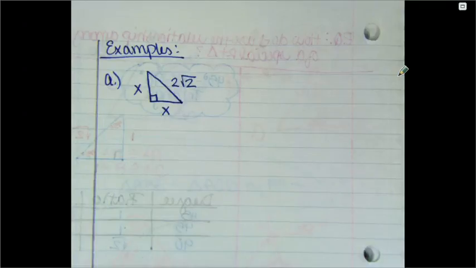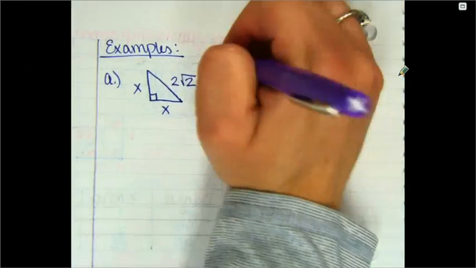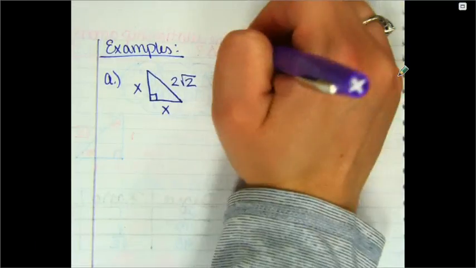Is it 30, 60, 90 or 45, 45, 90? How do you know? The sides are the same. Because the two sides are the same, that means your base angles are the same. So we do have a 45, 45, 90. So we're going to put D, R, O.